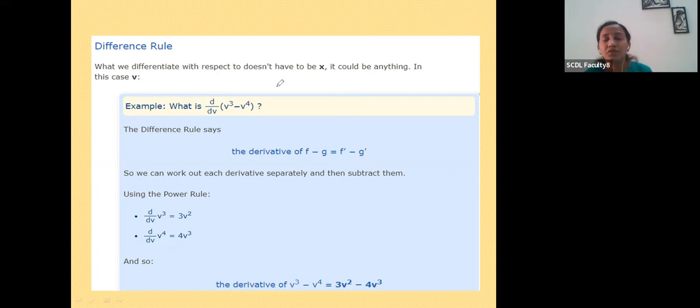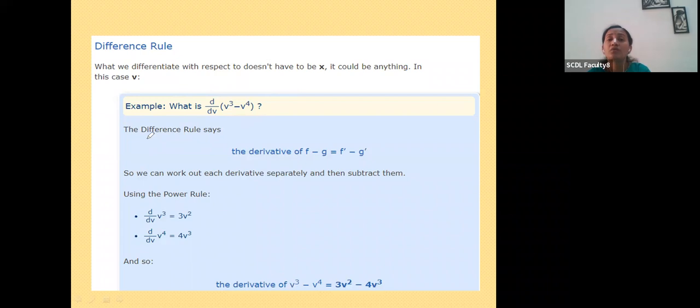I always say d by dx, and we generally use d by dx, but it's not compulsory. Instead of this, we can use another variable. Like in this example, they mention the variable v. So d by dv of v cubed minus v to the fourth.